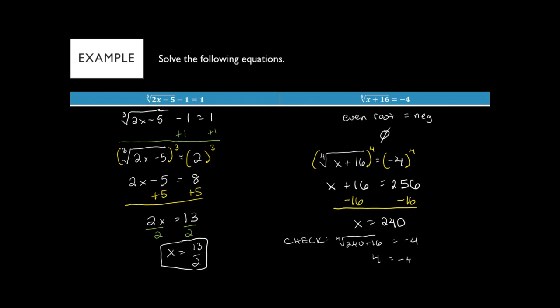You get 4, and that doesn't work. And so maybe I'll do that x in red. This is extraneous. And that means it's not our solution. And so that's how we know there's no solution, because the one solution we got doesn't actually work.